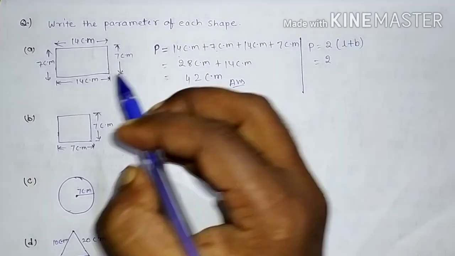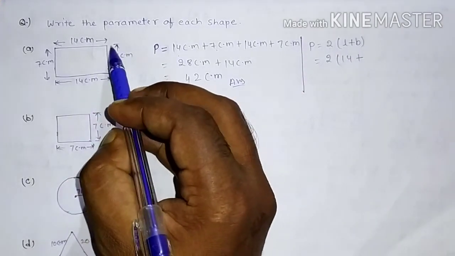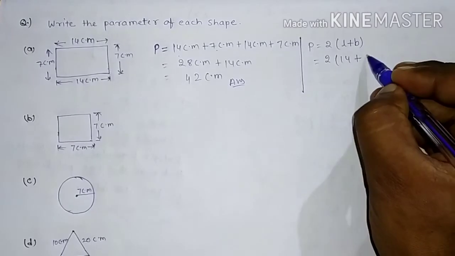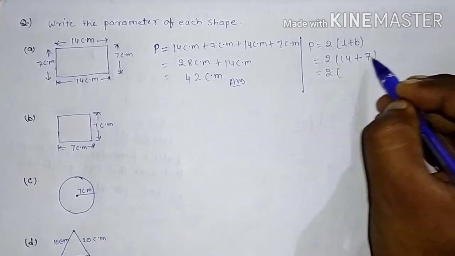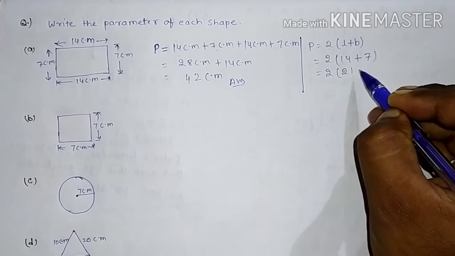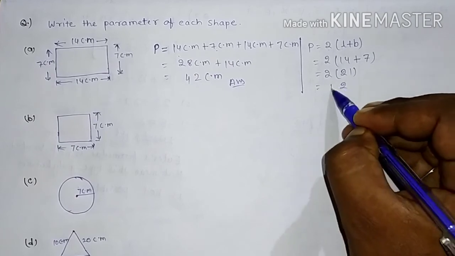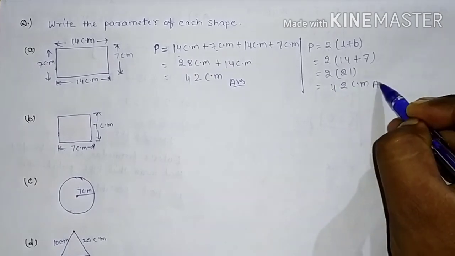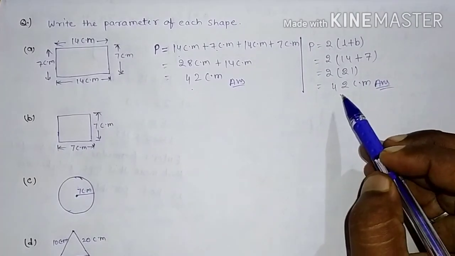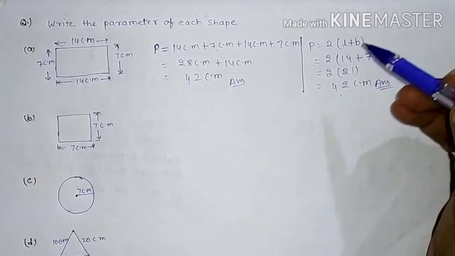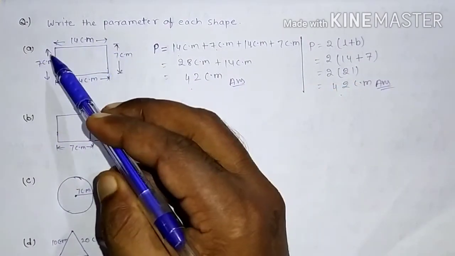L is given here, 14 centimeter, plus B is given, 7 centimeter, breadth is given 7 centimeter. Now just simplify it. 14 plus 7, that is 21. 2 into 21, 2 ones are 2, 2 twos are 4, 42 centimeter. And this is the same answer, 42 centimeter. We can find the perimeter by the formula, or you can simply add all the measurements of sides which are given.